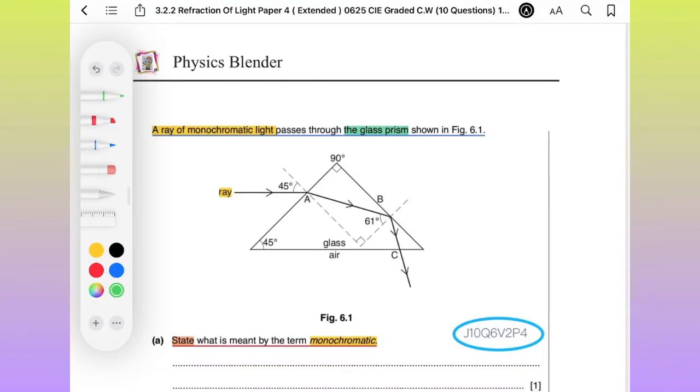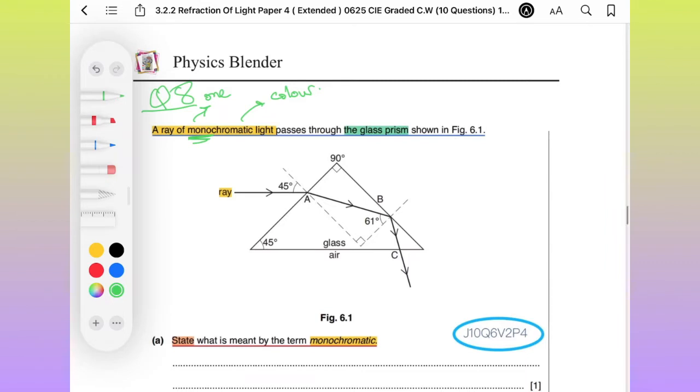Let's continue our graded classwork about refraction of light. We have now question 8. A ray of monochromatic light, and we said before mono means one or single and chromatic means color, passes through a glass prism.